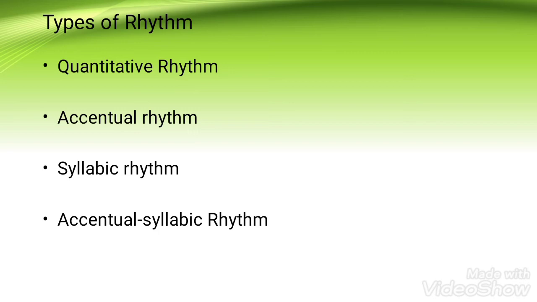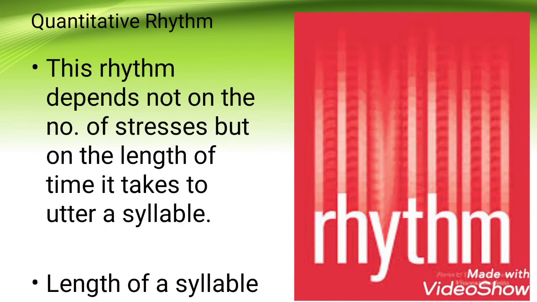For deep study, if you want to go into depth into rhythm or meter, then you must watch my separate video, which shall be uploaded very soon. So what are the types of rhythm? The four types are quantitative rhythm, accentual rhythm, syllabic rhythm, and accentual syllabic rhythm. We shall take them one by one.